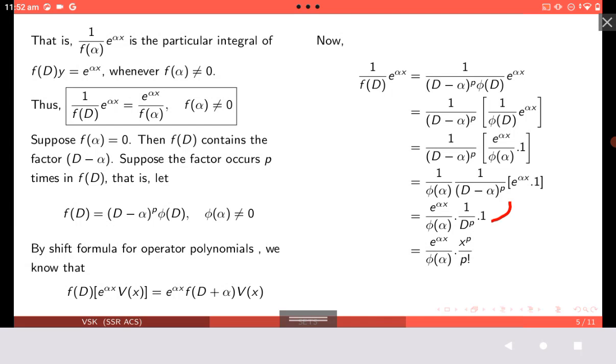Now what is 1 upon D? 1 upon D represents integration with respect to x. So this is p times integration of 1. So this gives x to the power p upon factorial p.